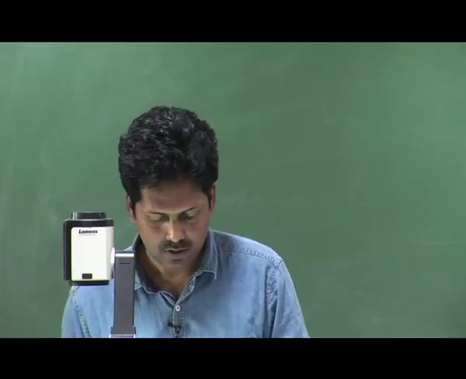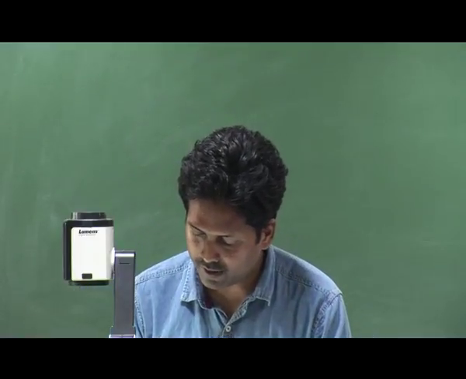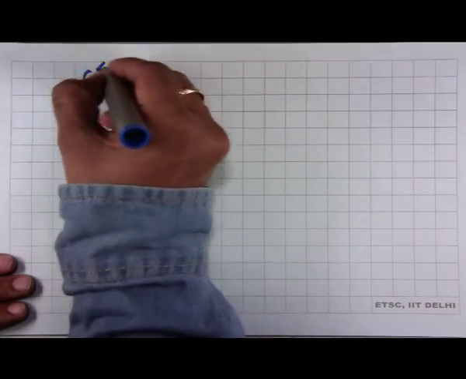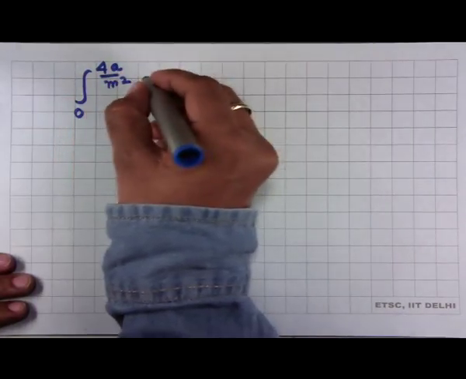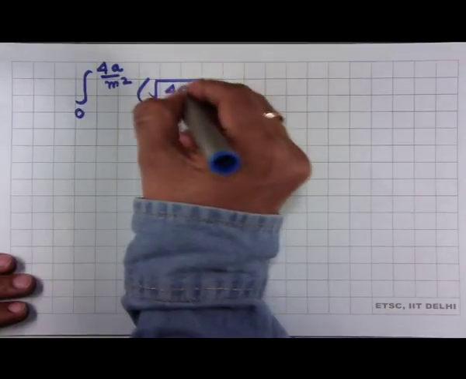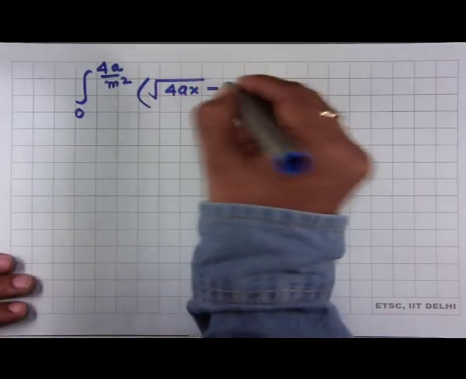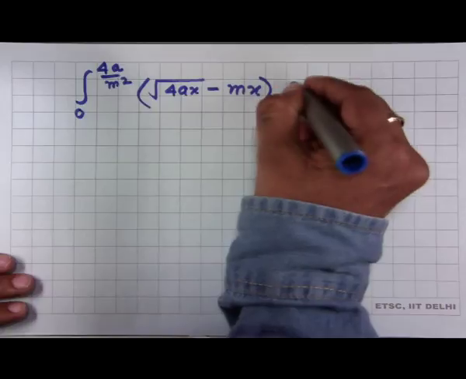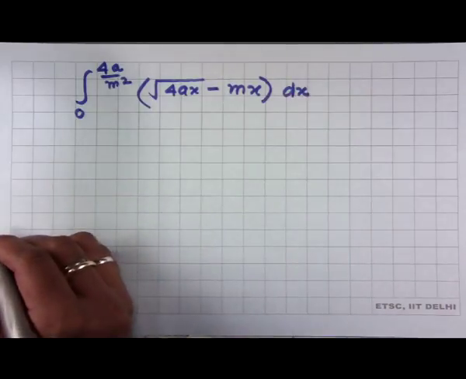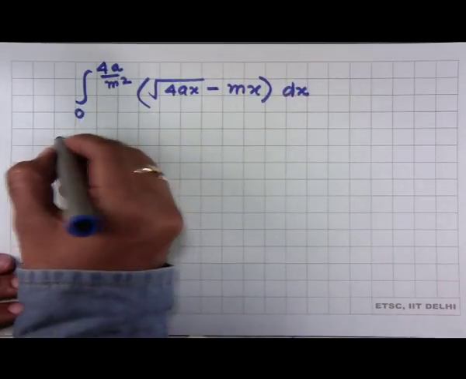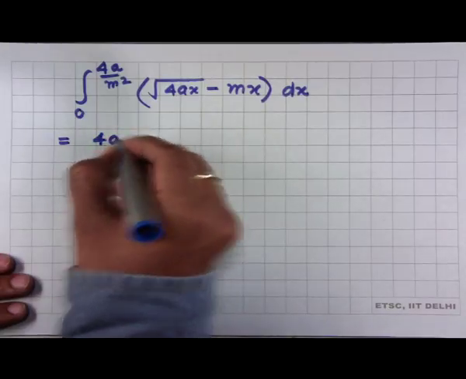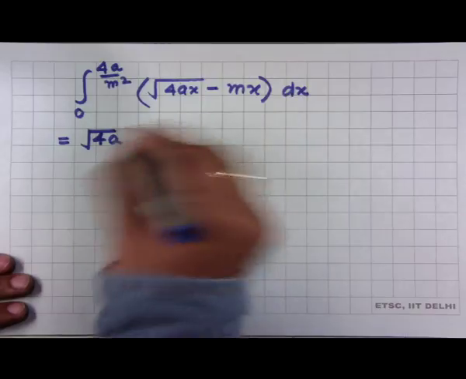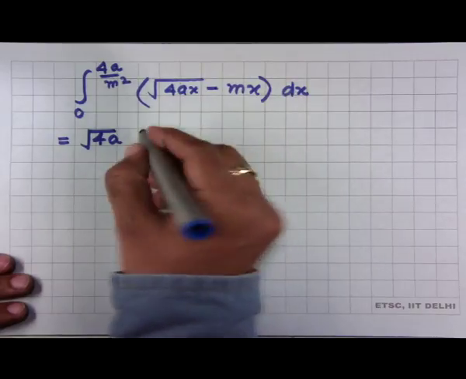So, your required area is the integral from 0 to 4a by m square of under root 4ax minus mx dx. Now, you can integrate this. These are simple integrands where the antiderivative is known to you.